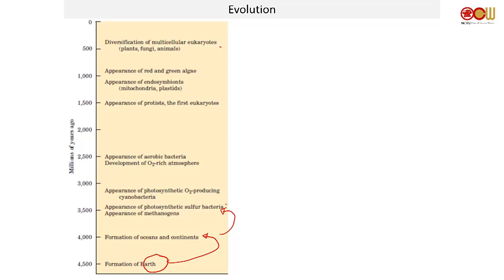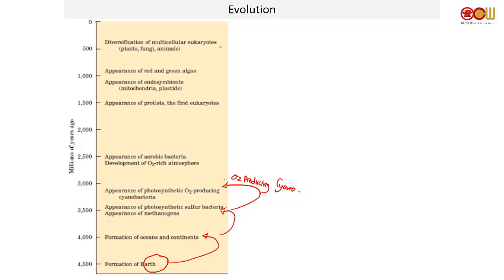They don't generate oxygen. We can talk about that later. And then you generate O2-producing cyanobacteria. Cyanobacteria are the ones that do photosynthesis and produce oxygen.